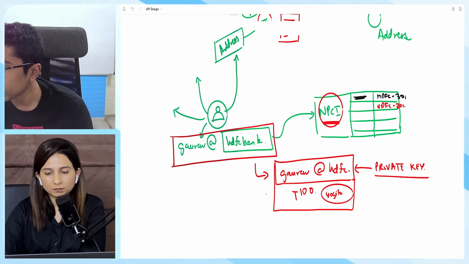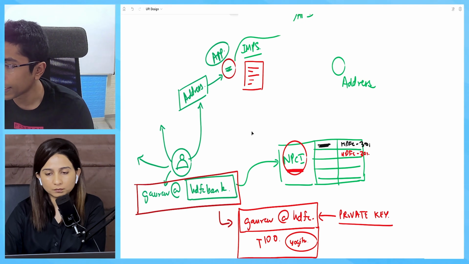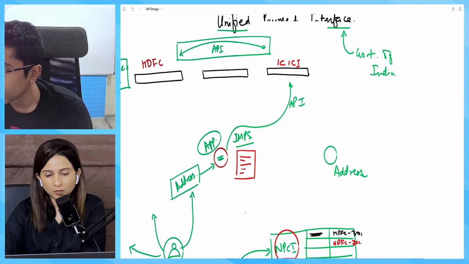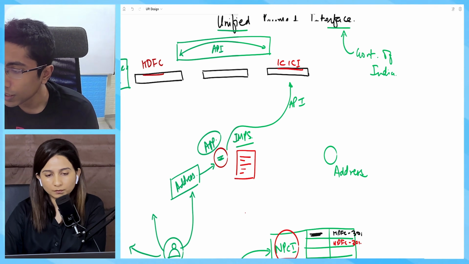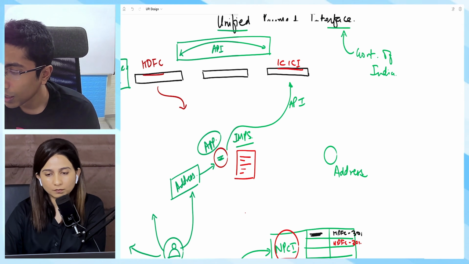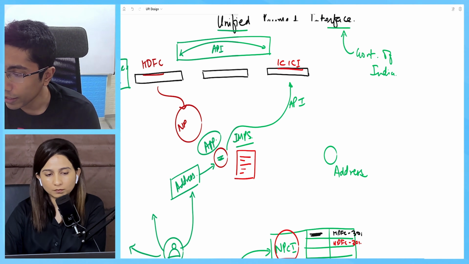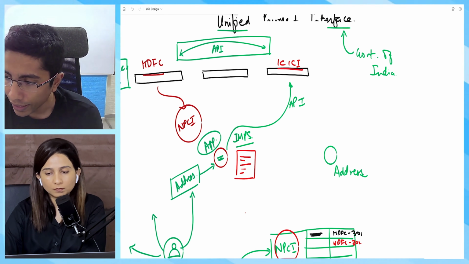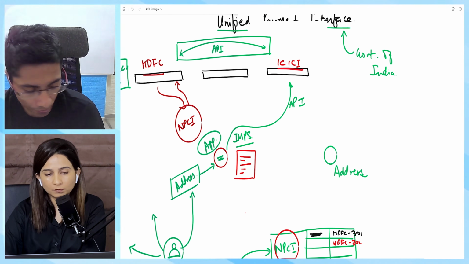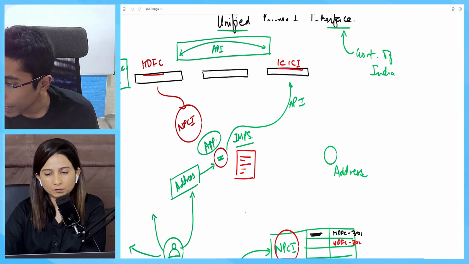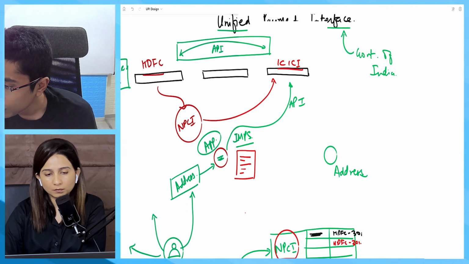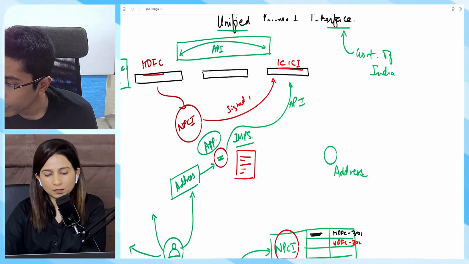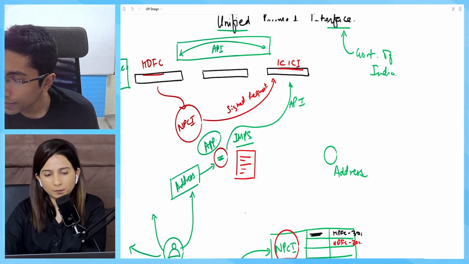So maybe Yogita, your address is in ICICI. So you are over here, and I am over here in HDFC. I go to NPCI. I ask them to sign my request. I get that signed request, and actually I don't get it back. I think NPCI sends this signed request to ICICI, and ICICI actually makes the transfer.